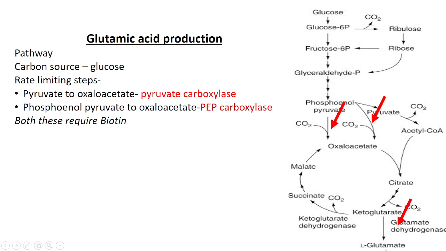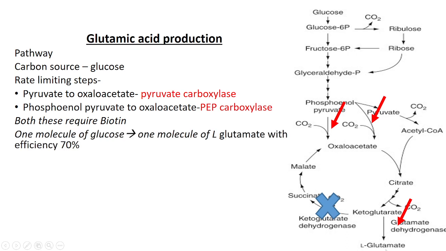But alpha ketoglutarate can also go on and convert to succinate by a decarboxylation. So this particular step has to be stopped. We just want the alpha ketoglutarate to be converted to glutamate. We don't want the rest of the TCA cycle happening. So these are the important steps.